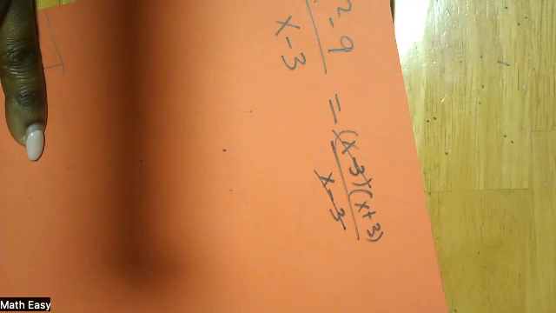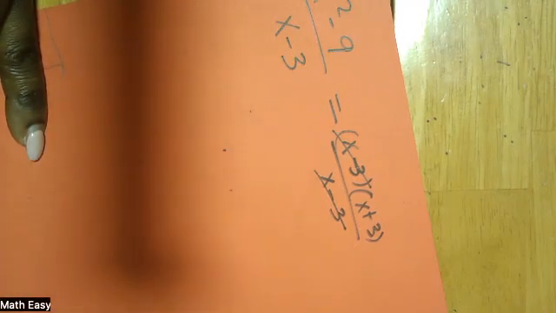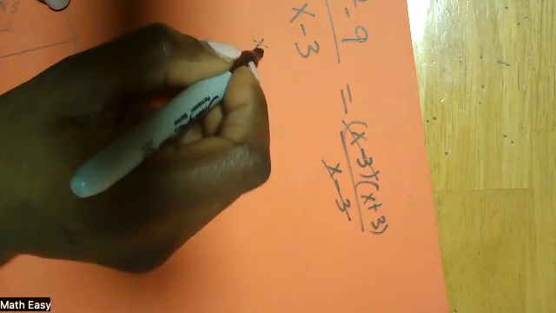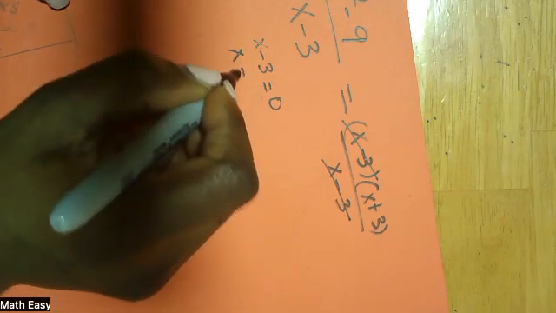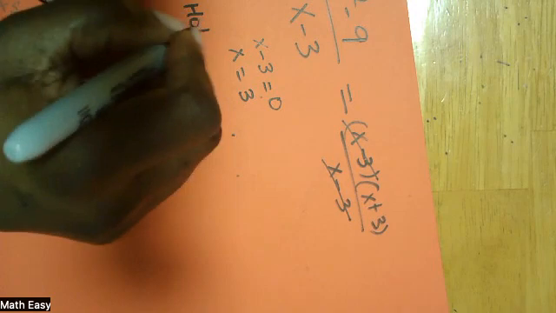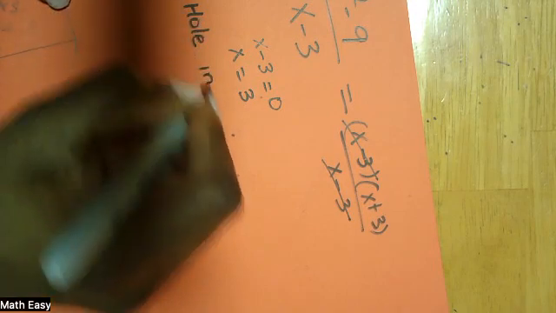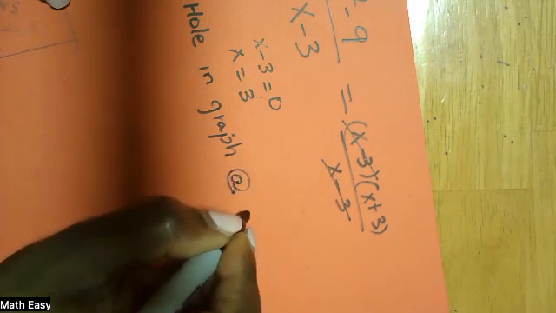That leaves us with x plus 3. However, based on the definition for a hole in a graph, the factor that we cross out is what we're going to use. So x minus 3, we make that equal to 0, so x will be equal to 3. So how do we say that? There is a hole in the graph at x equals 3.